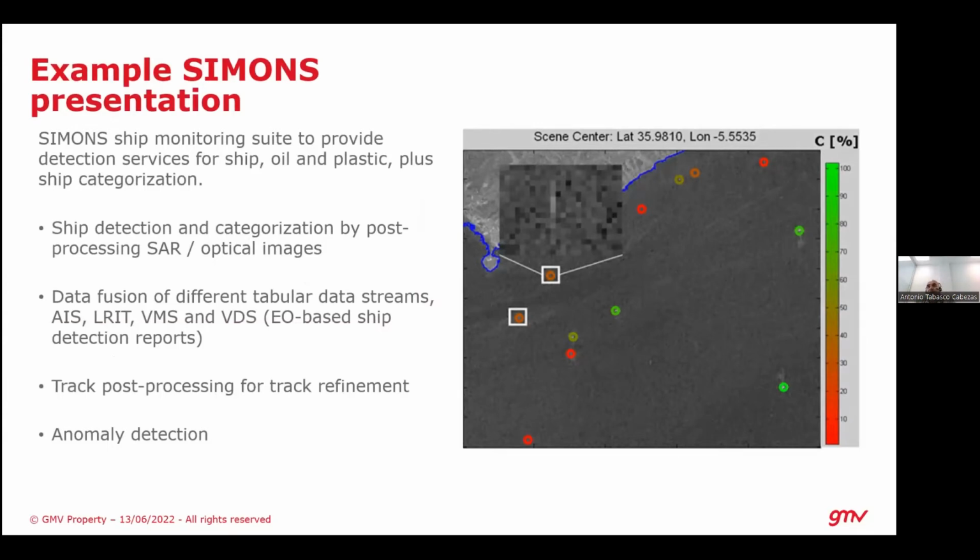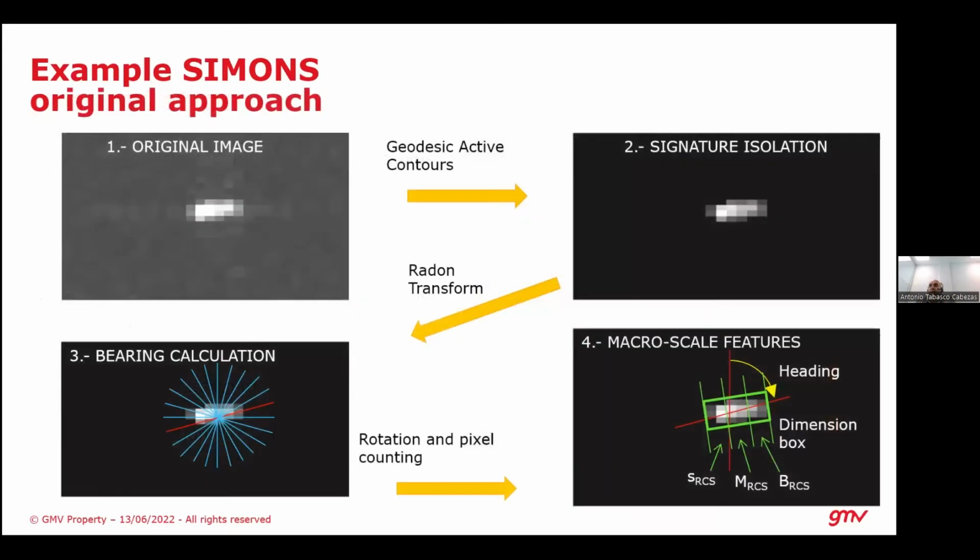So this is an example of our solution for ship monitoring, which is a suite that provides ship identification, oil and plastic identification, plus ship categorization using optical and radar images. The solution was working from the very beginning. It was developed within GMB, using a classic approach, because we were not using machine learning or artificial intelligence at all, but the radar images and the signature of the ships in order to identify and categorize them.